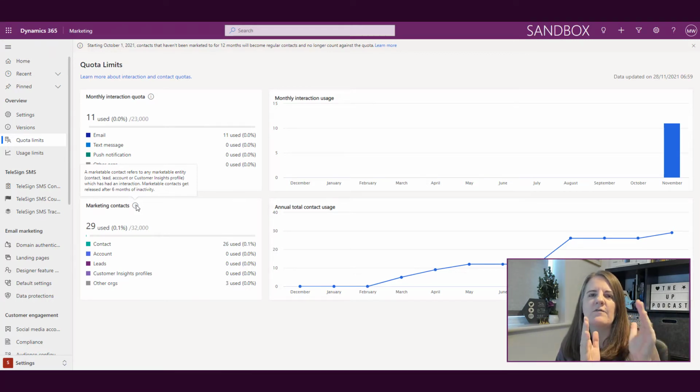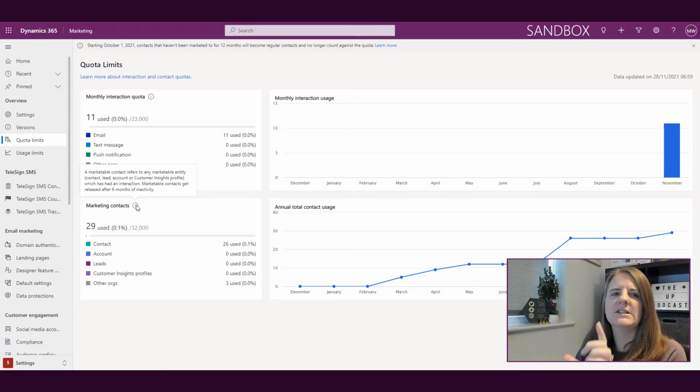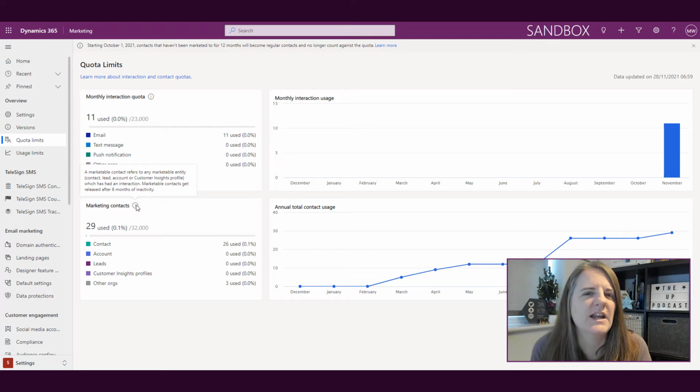Microsoft are working and they're very close to where we'll actually be able to send stuff out to leads and accounts and other entities. But the thing that I think is the typo is where it says marketable contacts get released after 6 months of inactivity. So there was something that was announced where that was talking about after 12 months. This says 6, a bit of a discrepancy, but I'm pretty sure it's 12. So that will probably change.